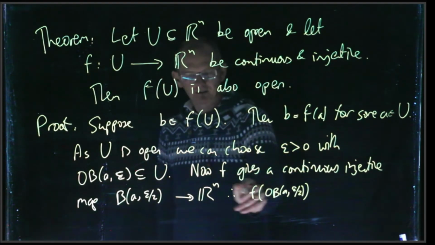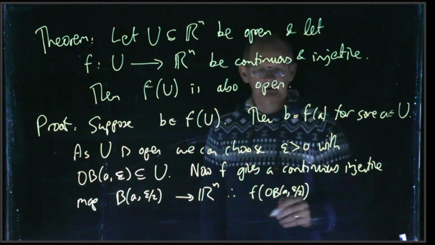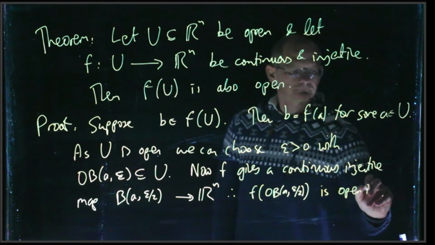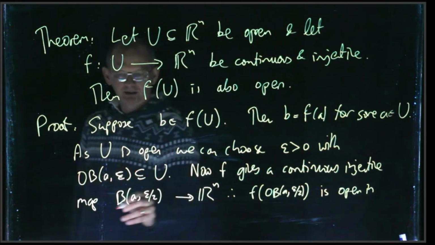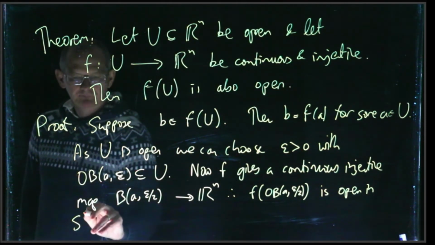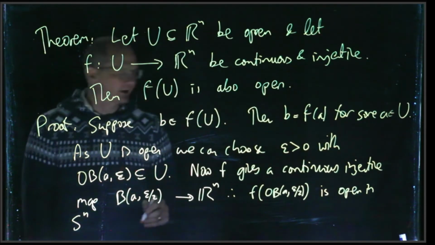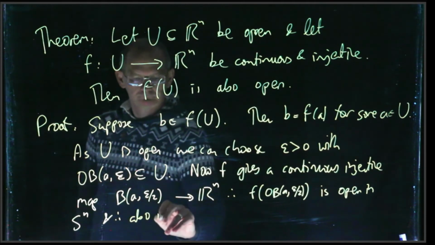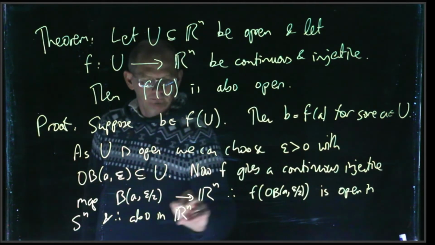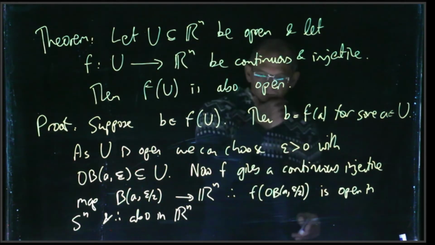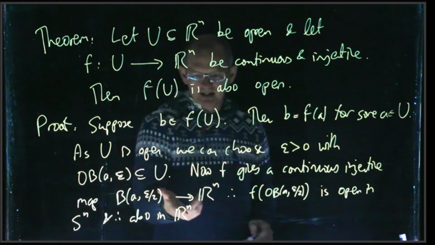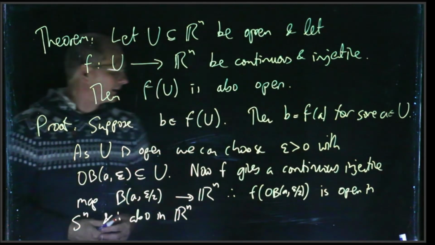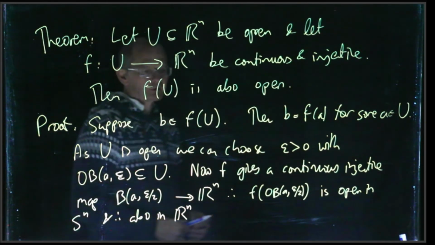So the image of this open ball here of a slightly smaller radius is, well, it's open in officially S^n by the previous result. Okay, this is a subset of S^n, but it's contained in R^n. We are identifying R^n with the complement of a point in S^n in the usual way.